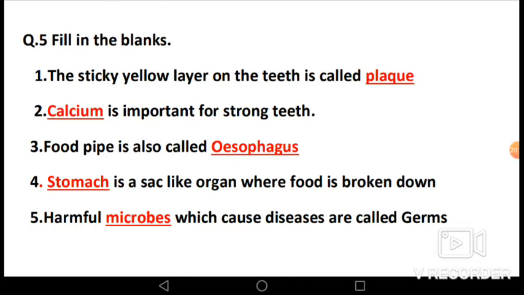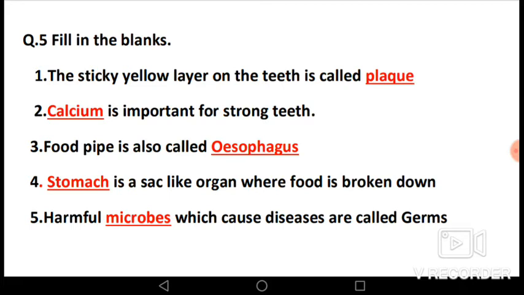Now let's revise fill in the blank. First, the sticky yellow layer on the teeth is called dash. The answer is plaque. To prevent it, we need to brush our teeth twice a day. Second, fill in the blank. Dash is important for strong teeth.